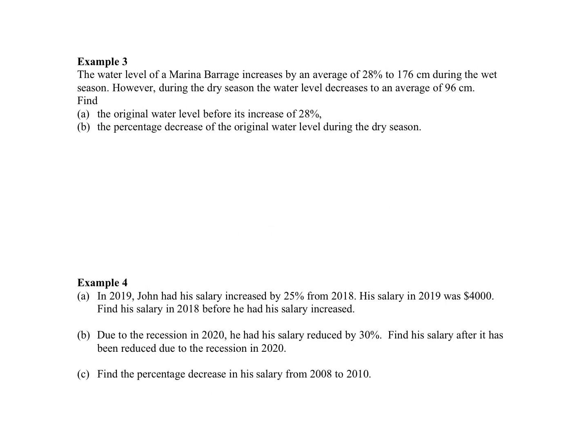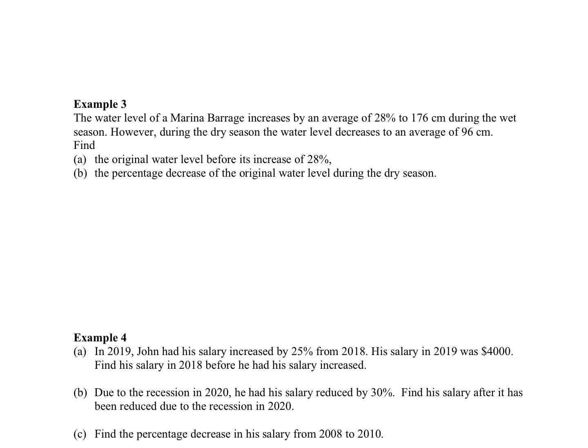Okay, next one. Marina Barrage. It says the water level of a Marina Barrage increases by an average of 28% to 176 cm during the wet season.